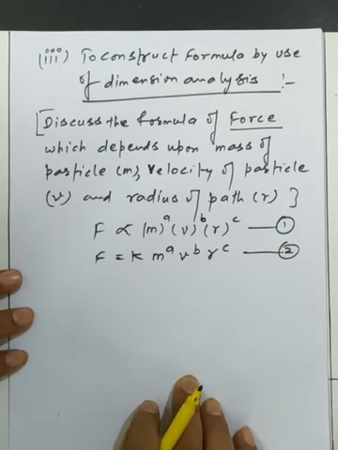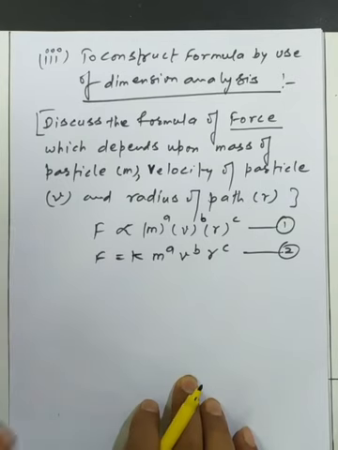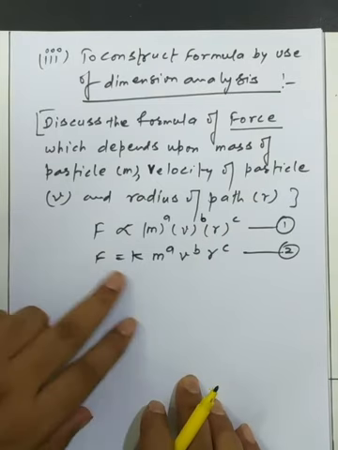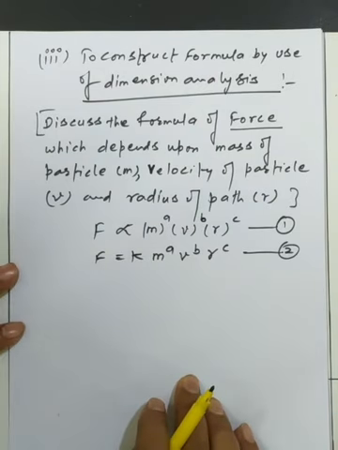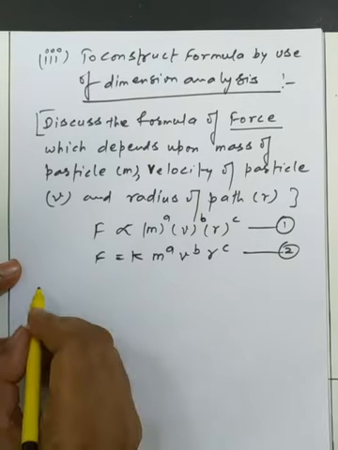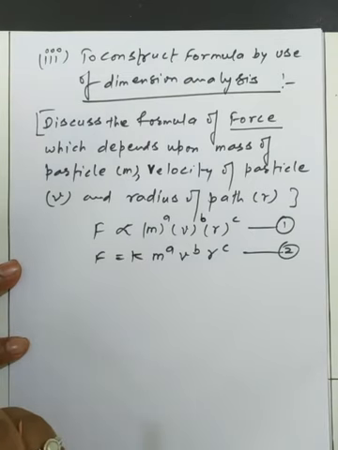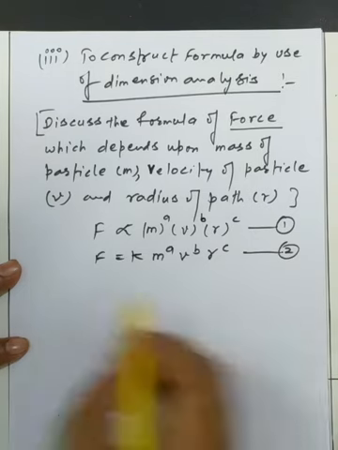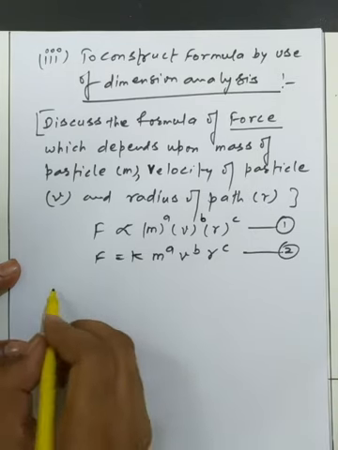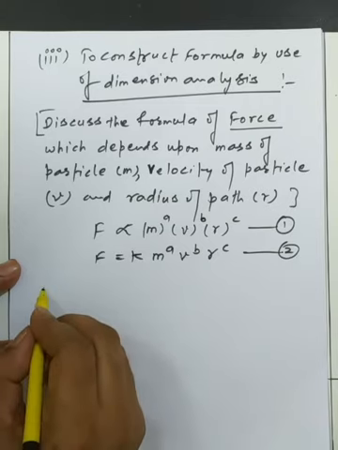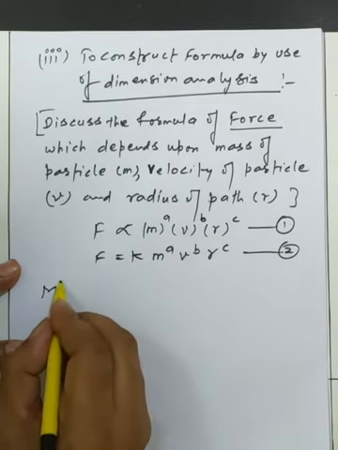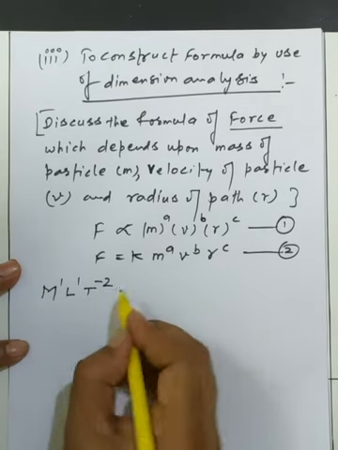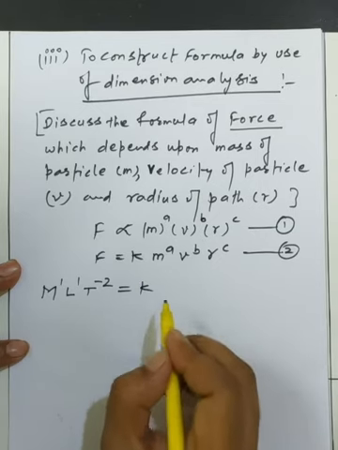Now, what is the basic concept, and how can we go further? We have to write the dimension of each and every quantity on the left hand side and on the right hand side also, and compare the dimensions of the same type of quantities on both sides. So I am writing the whole equation in terms of dimensions. The dimension of force is M1 L1 T minus 2, and the constant k is there.